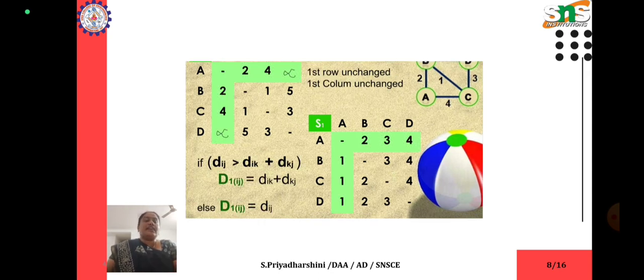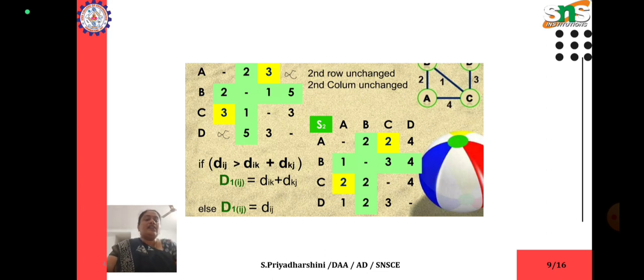In iteration 1 we keep the first row and the first column frozen, and you calculate the weights of each and every path, from A to A, A to B, A to C, and so on. The first row and the first column remain unchanged.